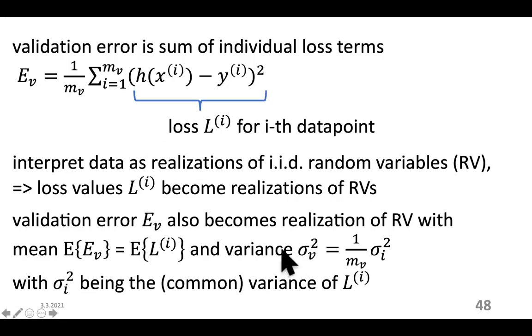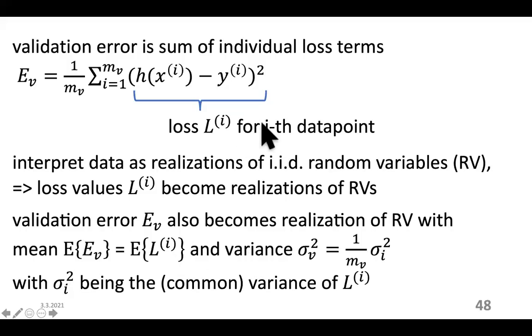And the variance, that is the strength or the magnitude of these fluctuations, is related to the variance of the individual loss functions by 1 over the number of data points in the validation set. So the larger we make the validation set, the larger we make this MV, the smaller the variance becomes, and the more reliable this validation error will estimate the average risk of the hypothesis.